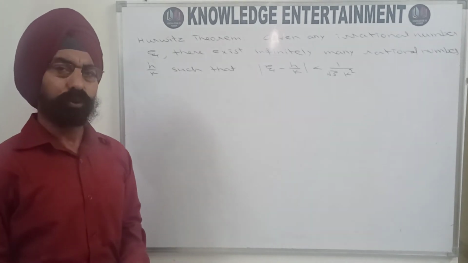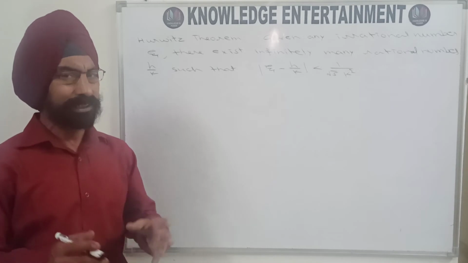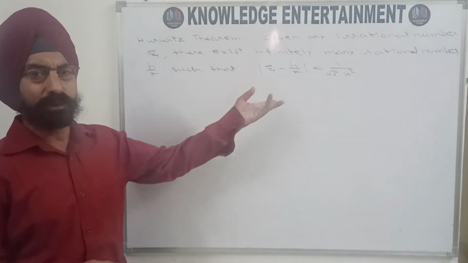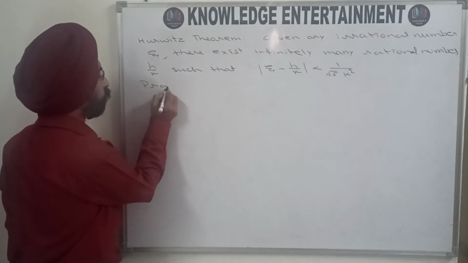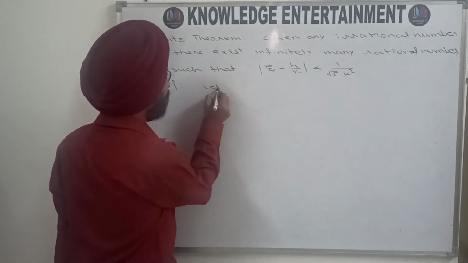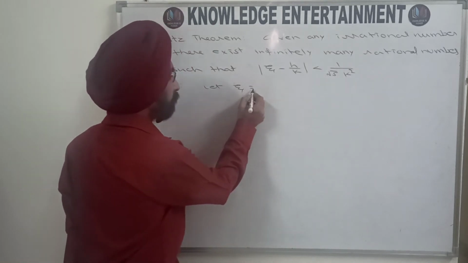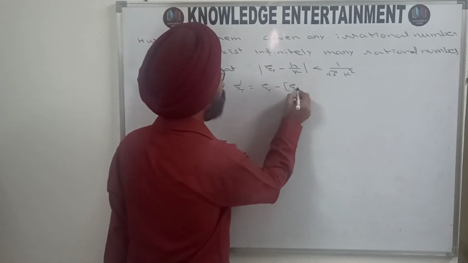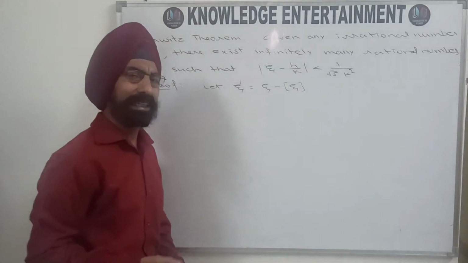And let us see how to prove it. The proof is a little bit lengthy but is not difficult, as we have proved two lemmas that will be required in proving this Hurwitz's theorem. So I am going to start the proof of Hurwitz's theorem. Let this number xi dash be xi minus the greatest integer, or you can say the integral part of xi.